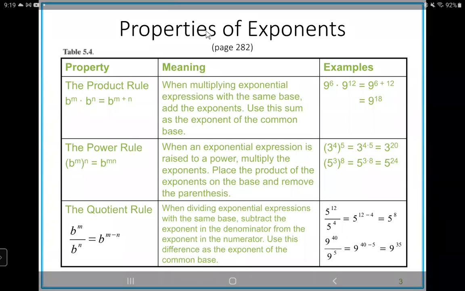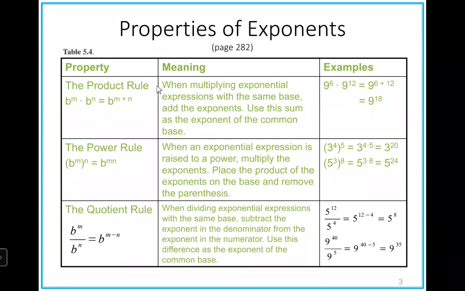The first one, the product rule, basically says that when you are multiplying numbers expressed in exponent form, and by the way, when we talk about exponent, we are talking about numbers expressed as a power. So another term for numbers expressed as a power is numbers expressed in exponential form.